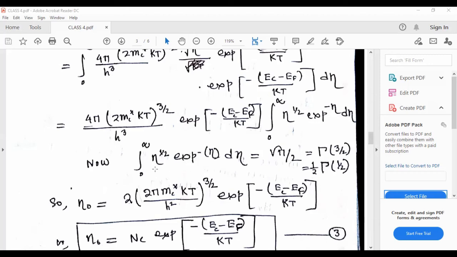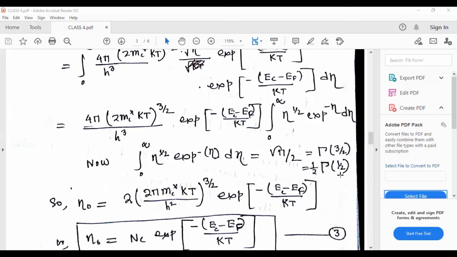So this equation basically means integral from 0 to infinity of eta to the power half, exponential of minus eta, d eta. That means integral of x to the power half, exponential of minus x dx, is nothing but gamma 3 by 2, and gamma 3 by 2 means half gamma half, and gamma half means root pi.